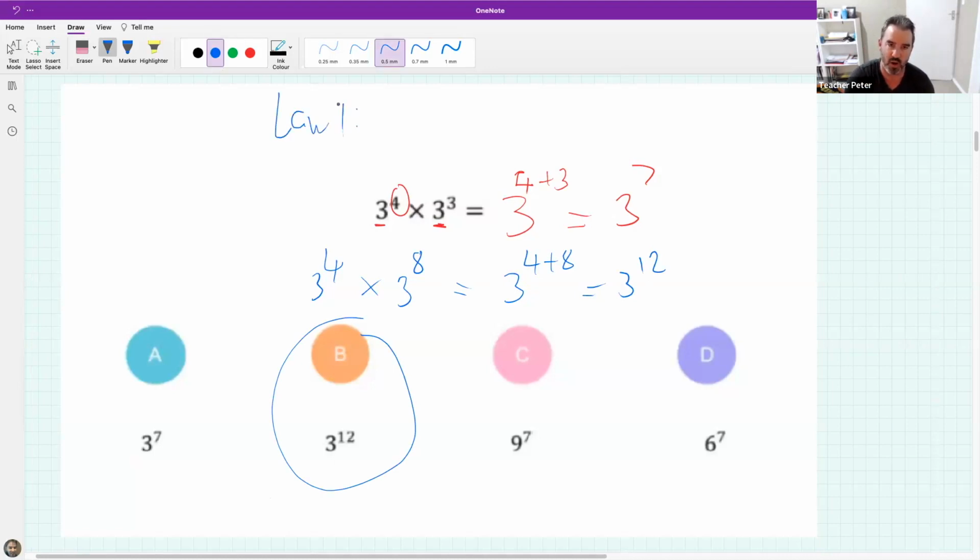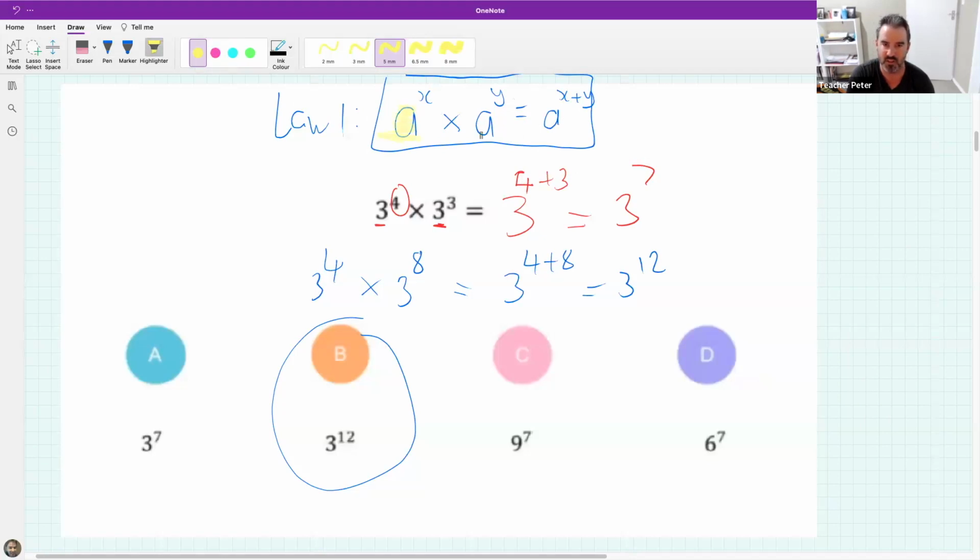And if you really want to be fancy, what we sometimes do is say a to the x times a to the y equals a to the x plus y. Now that looks more frightening than it is, but all it's saying is that you add the powers if the base is the same. Okay, so as long as this is the same, then you're good.